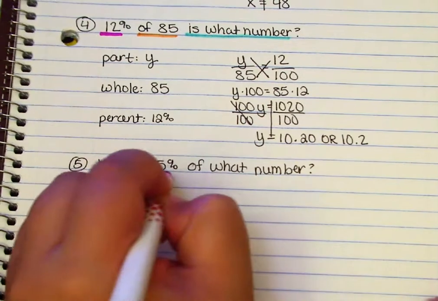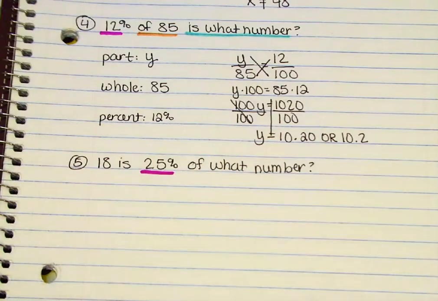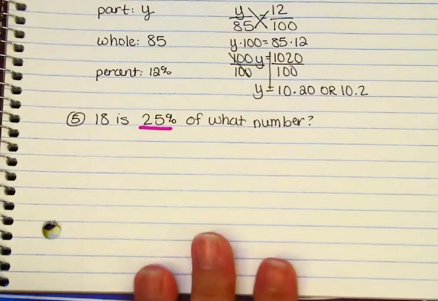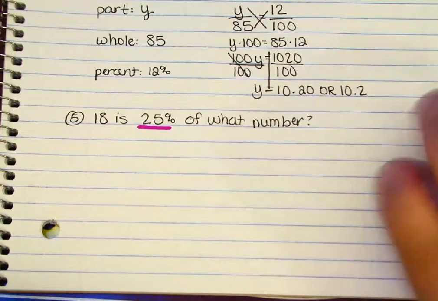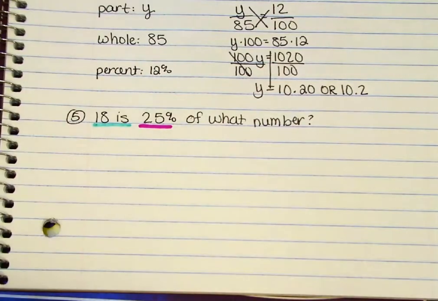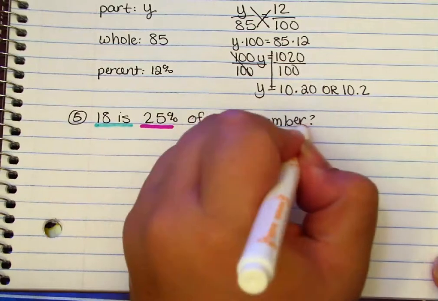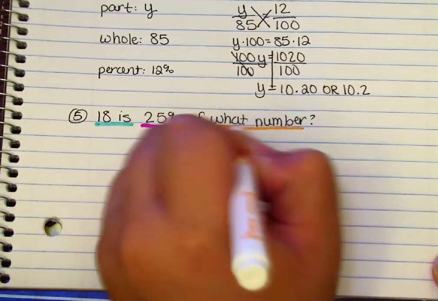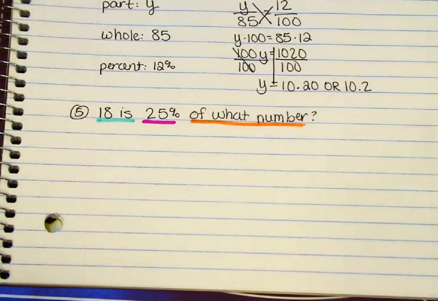I like these when they tell me this. Okay, now remember, be careful. That is kind of backwards. So my is telling me what 18 is. So they still go together. And then this time it's of what number? Remember that of is a whole.